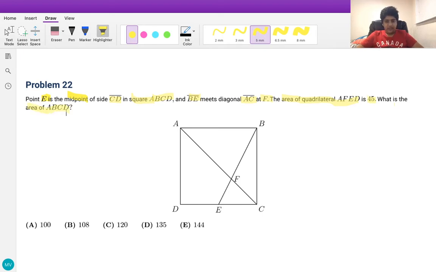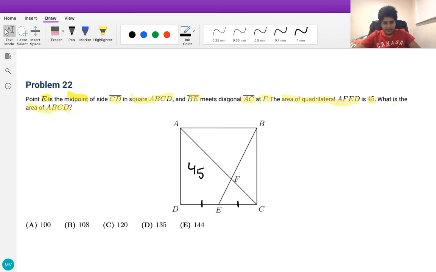So first of all, we know that E is the midpoint of side CD, so DE equals EC. We also know that the area of quadrilateral AFED is 45, and that AC is the diagonal of the square, and BE is just connecting a corner to the opposite midpoint.